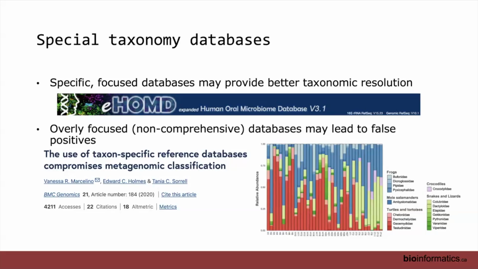And so even if you want to use a very specific database, I would usually recommend a sanity check after, where you at least search a few of your sequences in something like BLAST. That's an NCBI tool that allows you to paste in your sequence and search it against their entire database.